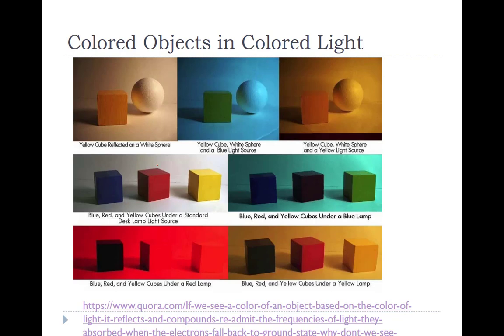So there's a couple of things going on. One is I don't think that the blue light here is a true blue. I think it is a blue that is slightly shifted towards the green end of the spectrum. I also, if I look at the yellow cube under white light, that doesn't look like a true yellow to me either, right?